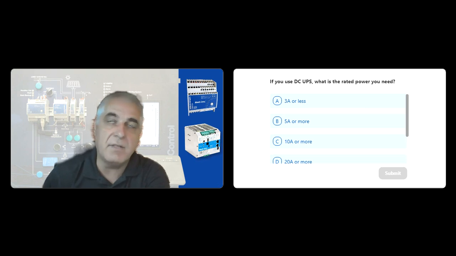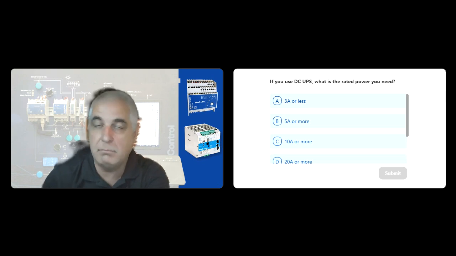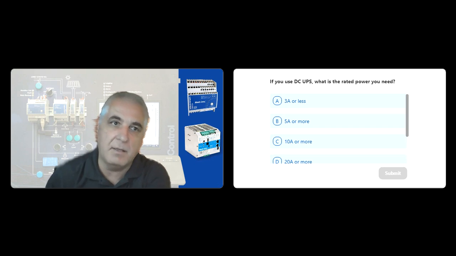That's the unit we sell the most. Obviously, we have applications for 35 amp in different fields, and we have lots of applications for a 5 amp. Probably the 5 amp is the highest seller.